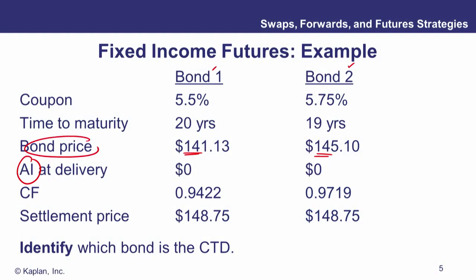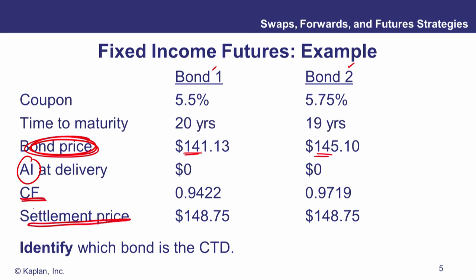When you look at the curriculum, they assume accrued to be 0, because that's really not the point of this exercise. The point of this exercise is to identify which bond gives the most profit or the least loss if we buy it today and then deliver it out and receive in the settlement price of the future adjusted for the conversion factor.